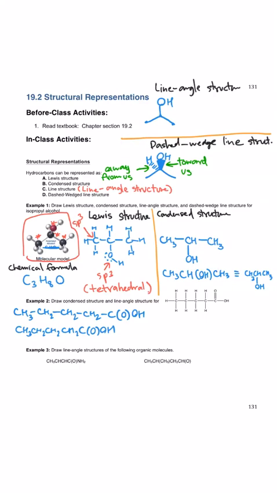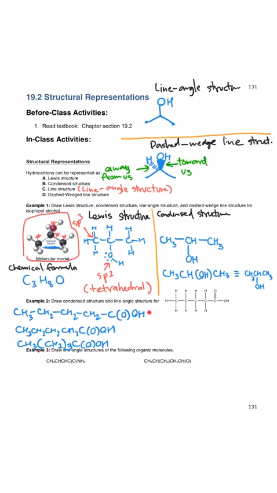Therefore, you can use parentheses to condense that even further and write CH3, then parentheses with CH2, and because there are 3 CH2 groups, you put the subscript 3 outside the parentheses. Now it represents that this CH3 is connected to CH2, and there are 3 of them. And then the rest of the molecule would be C(O)OH. Either one of these would be the correct condensed structure.